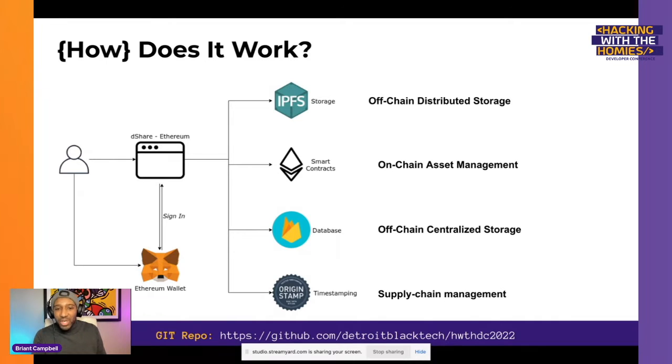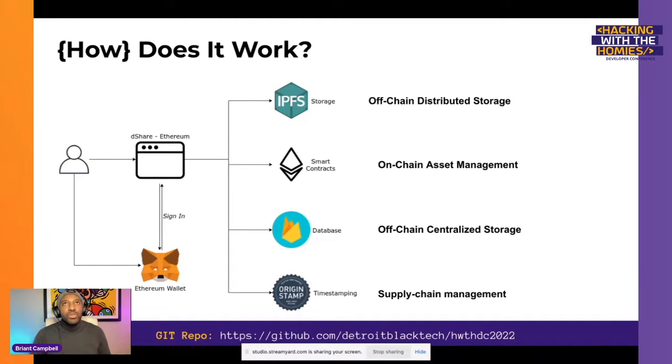Smart contracts is one way to interact with the blockchain, and that's considered on-chain asset management. So you're managing assets that are on the blockchain. That makes sense, right? And then there's also off-chain distributed storage, which is known as the interplanetary file system. It's actually not on the blockchain, but it's more of a distributed storage.